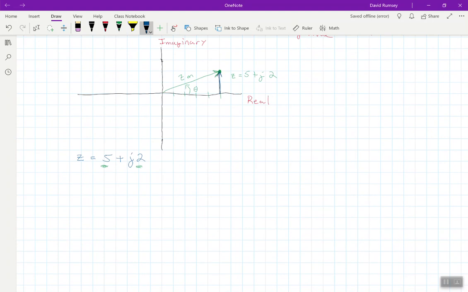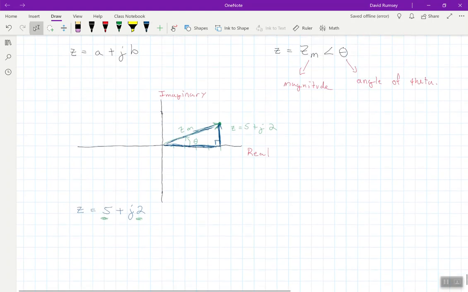So I'm going to first draw in here some blue lines here. And what I've basically done is I've formed a right triangle. But if I go back to my notation A and B, and Z sub m, I labeled the hypotenuse of that triangle as Z sub m.